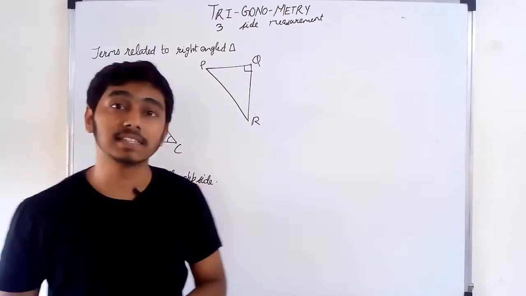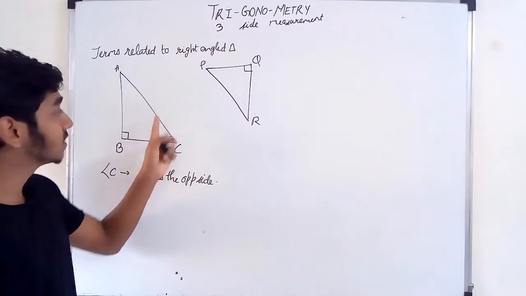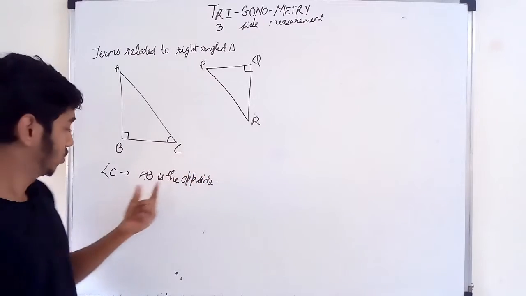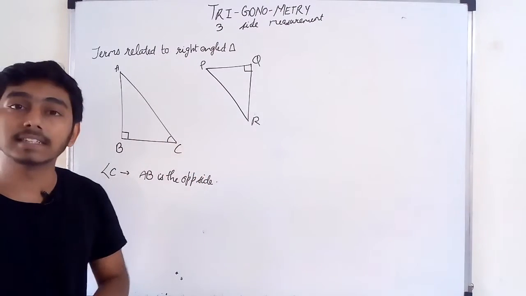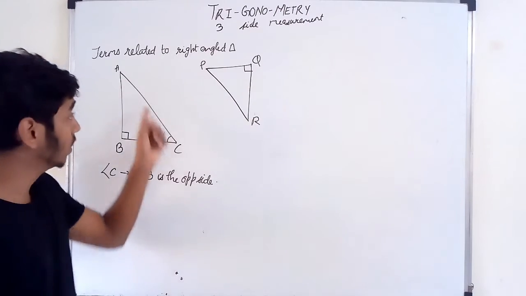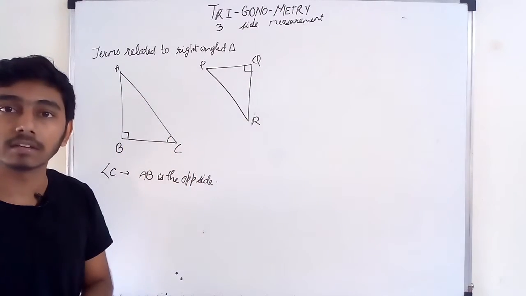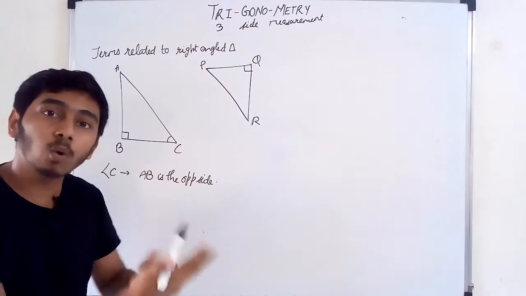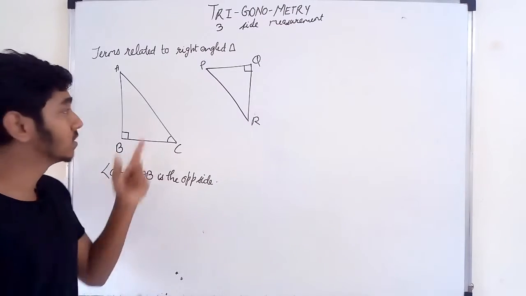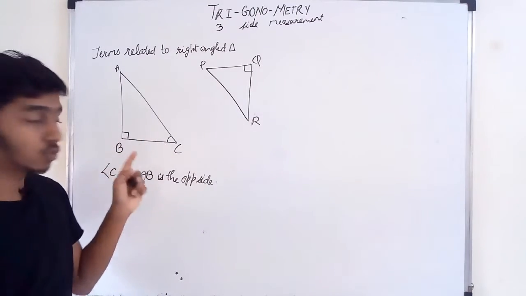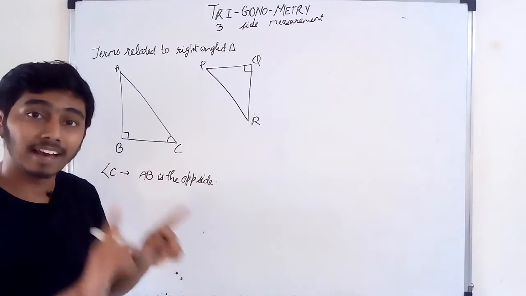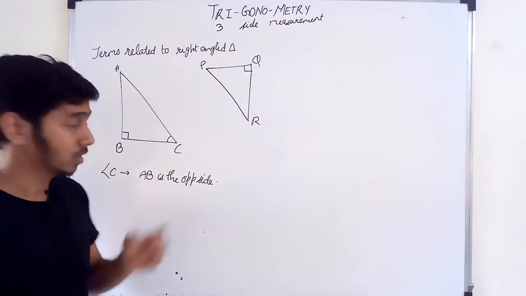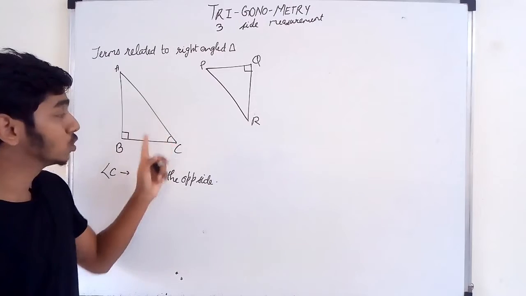Now, if I talk about adjacent, what do you mean by adjacent? Adjacent means just nearby. For point C itself, which one is the adjacent side? Now, AC is the hypotenuse, we know that, correct? So for point C, there are two sides which are adjacent. Adjacent means close by. Opposite means far away, which is this AB. So AB is the opposite side, we have understood. Now, what are we finding? The adjacent side. Adjacent means close to. So for point C, which side is close to point C?